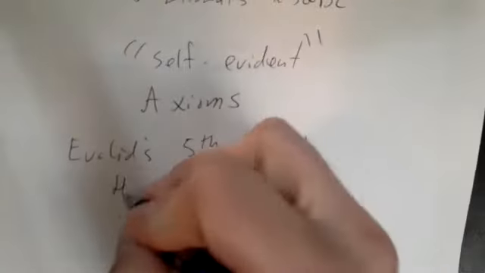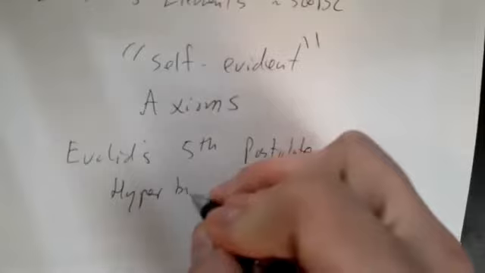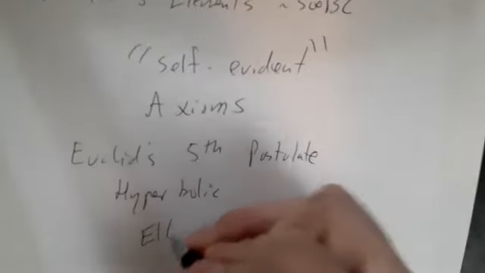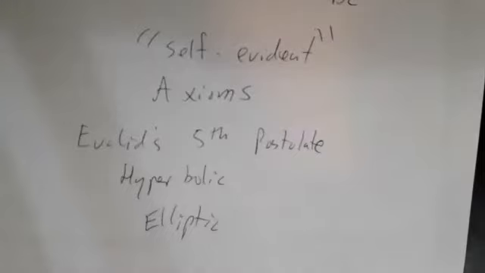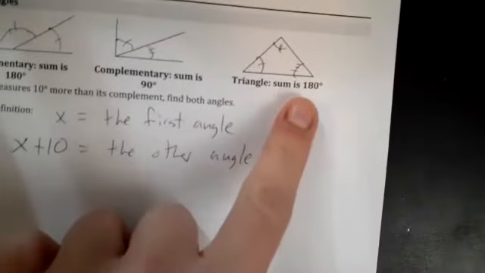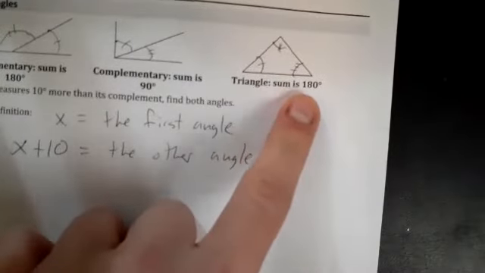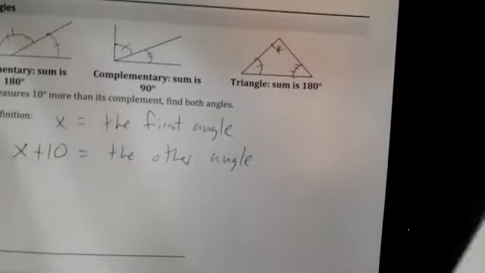So I believe hyperbolic is the other form, and the other thing I'm talking about is elliptic geometry. So there are actually other areas of geometry. This rule, where triangles sum to 180, is only true in Euclidean geometry.